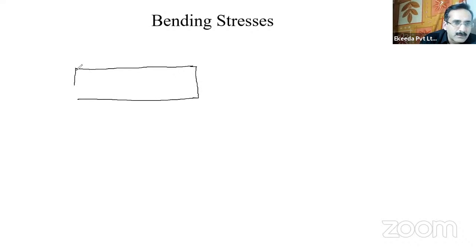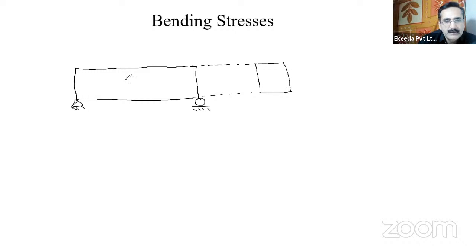So suppose we have a beam. Again, I'm making a beam here. Suppose this is a rectangular beam. It is simply supported, right? So the cross-section area is a rectangle. And here is the neutral axis.